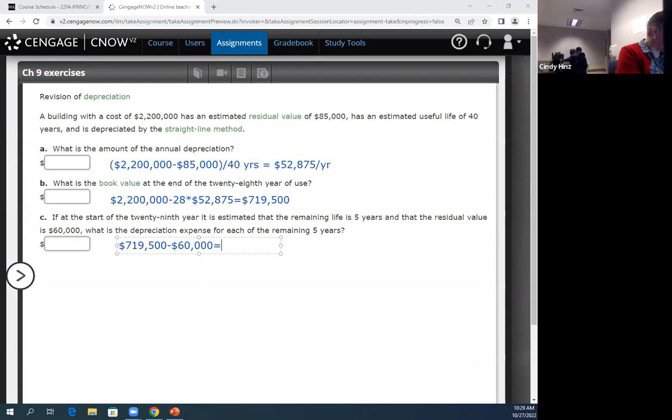How much more depreciation do we need to report? The remaining depreciable cost then is $659,500. Label on that. So that is the remaining depreciation or depreciable cost.